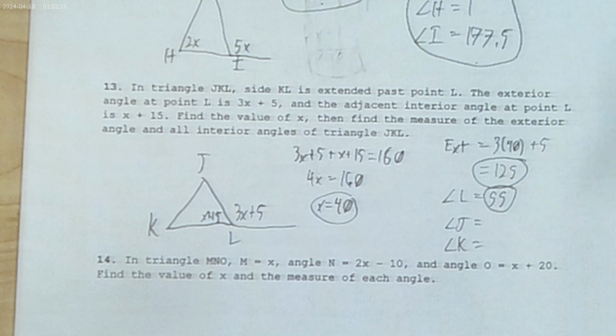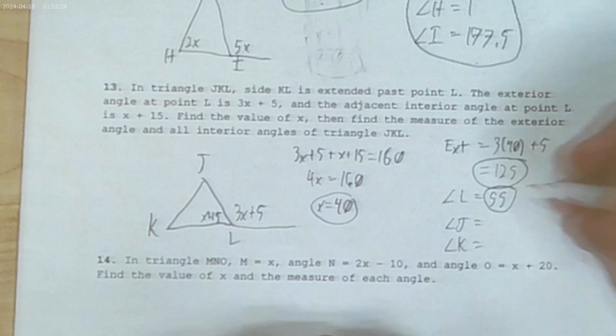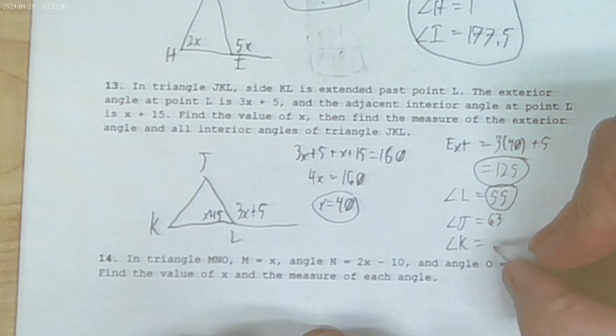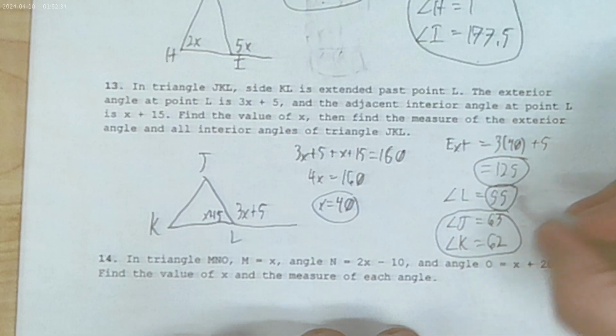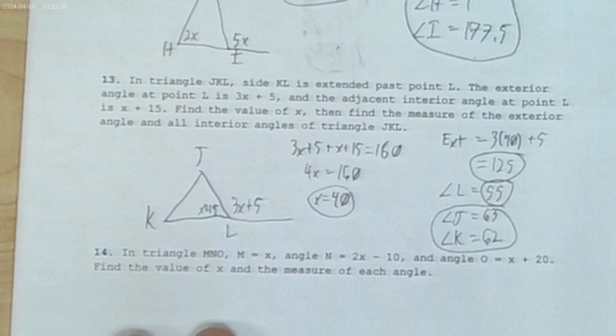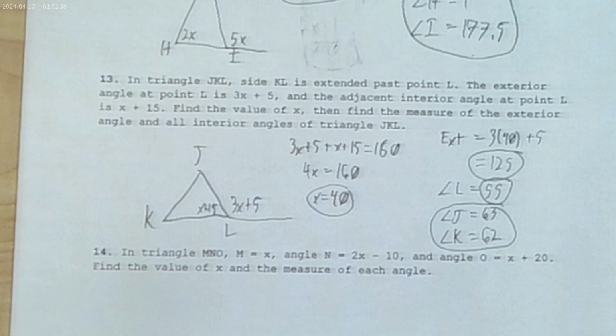So other than that, I guess we can make them whatever we want to, but I just kind of want to split it evenly as best I can. So I'll make this one 63 and this one 62. And yeah, if you want to split it up in a different way, that's perfectly fine.